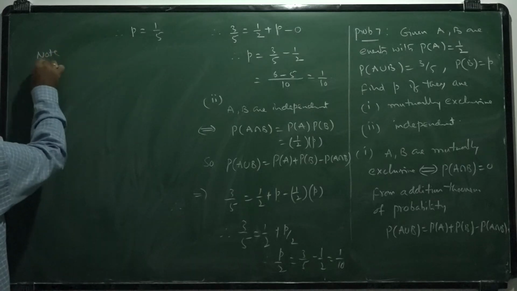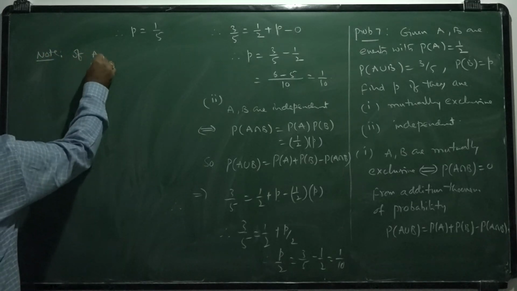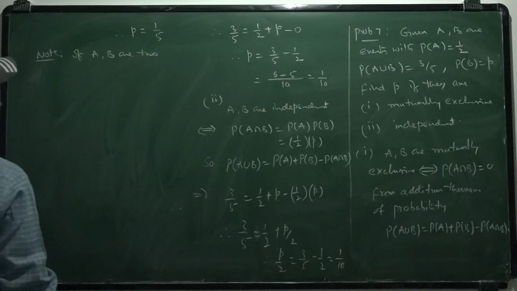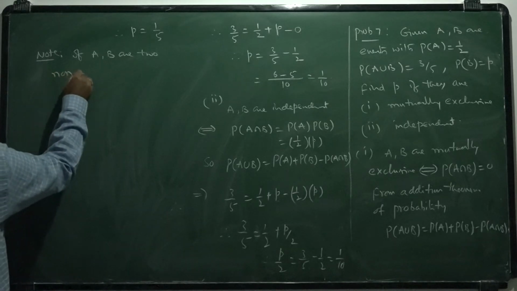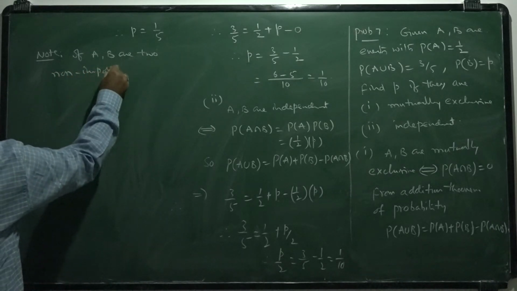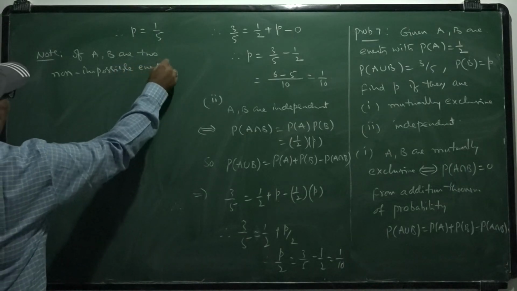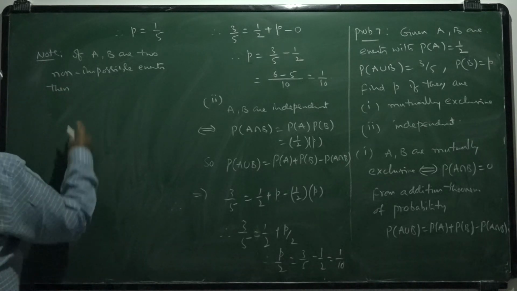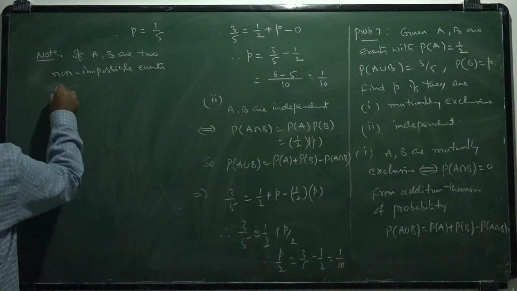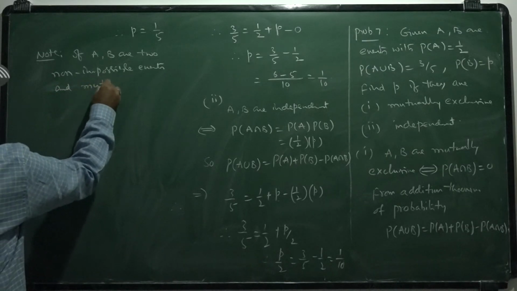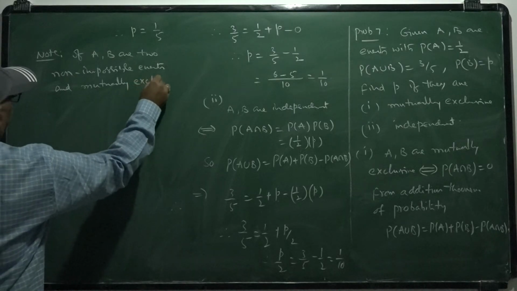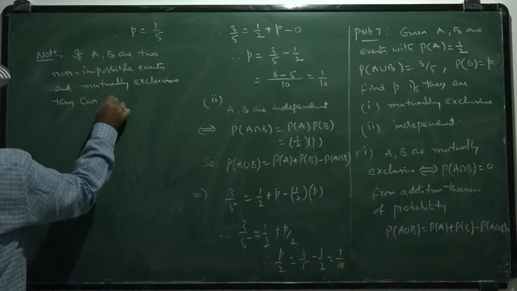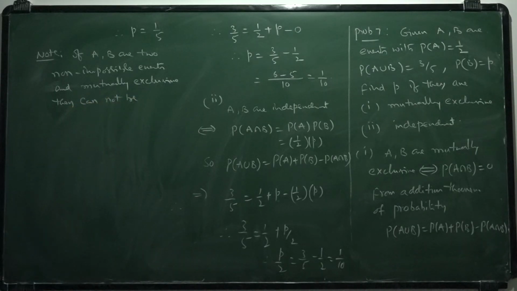Note point. If A and B are two non-impossible events and mutually exclusive, they cannot be independent.